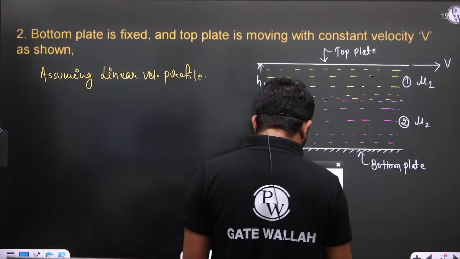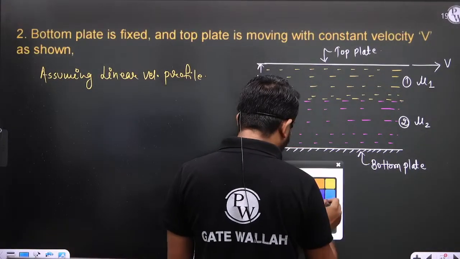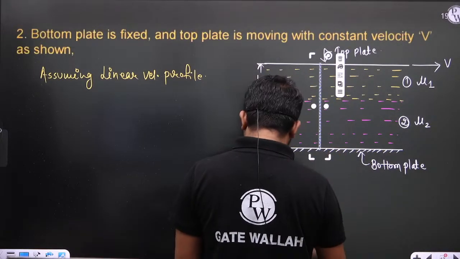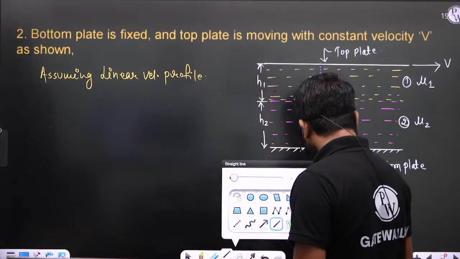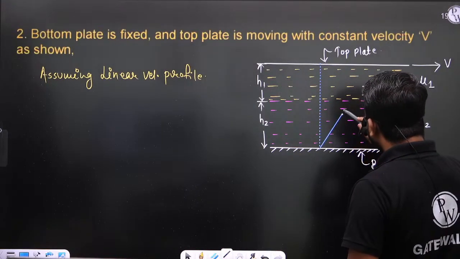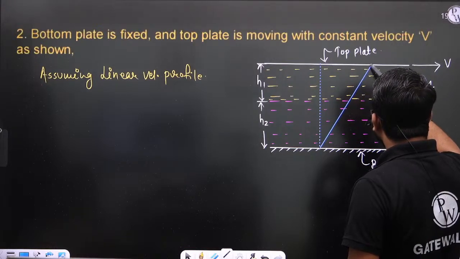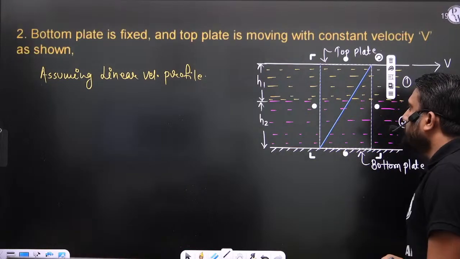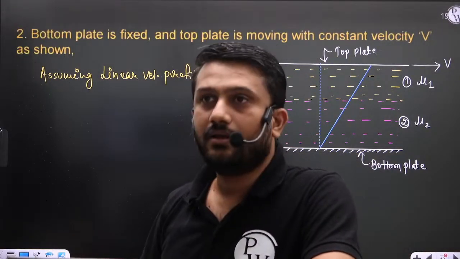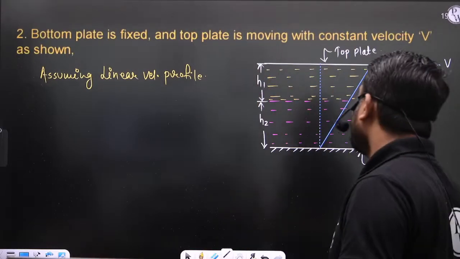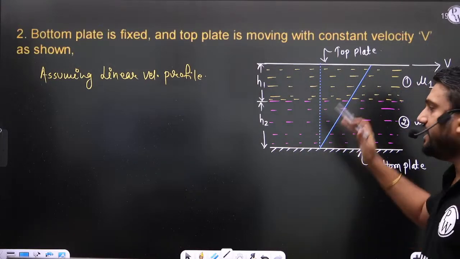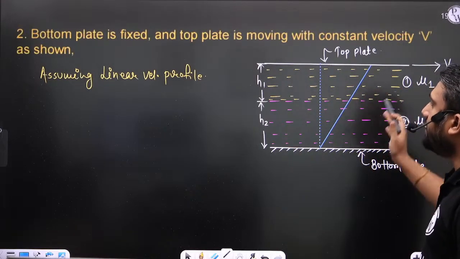Okay, so if you draw the velocity profile here, first tell me, guys, velocity profile is linear, so is it a continuous line, or will the slope change? If I am considering the linear velocity profile, should the line be continuous or discontinuous? Yes, absolutely correct. The line should be discontinuous.